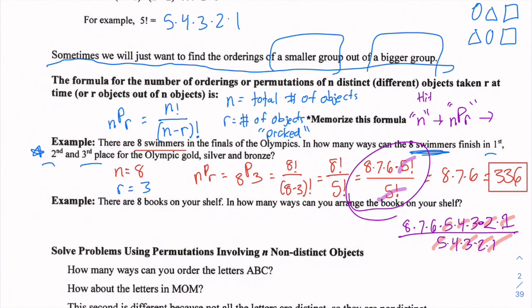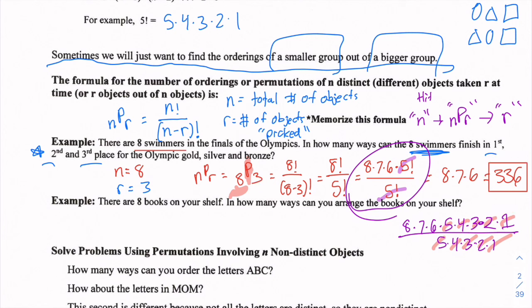After that, you hit your r value. Then hit enter. So basically, you input the numbers as you see it. You see the 8 first, so type 8. Then type in your permutation button, and then hit 3. And then when you hit equals, it should get you 336. So please make sure you practice that a bit. Get used to the flow.